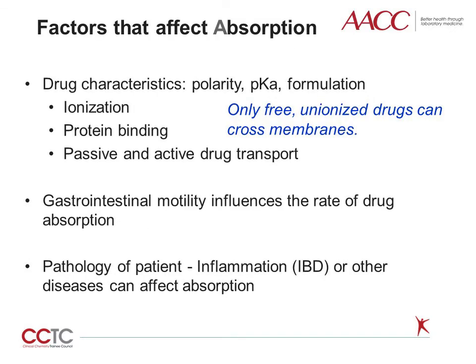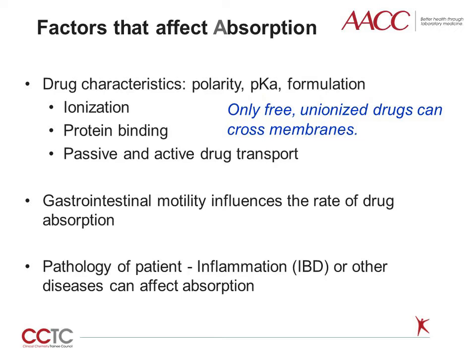The rate and extent of drug absorption is dependent on the chemical nature of the drug itself, such as its polarity, pKa, drug formulation, and protein binding. The drugs absorbed in body fluids or skin will diffuse through biological membrane barriers into the bloodstream.